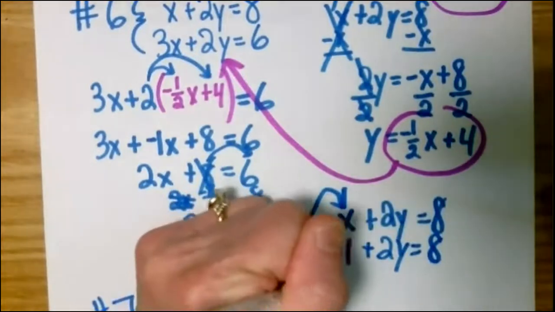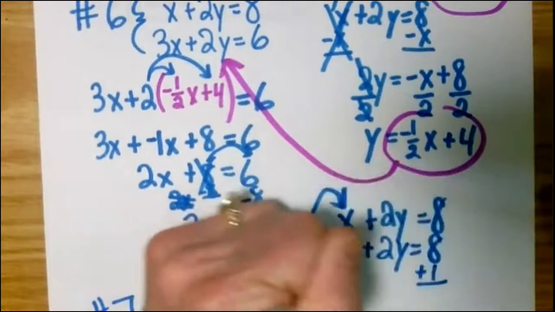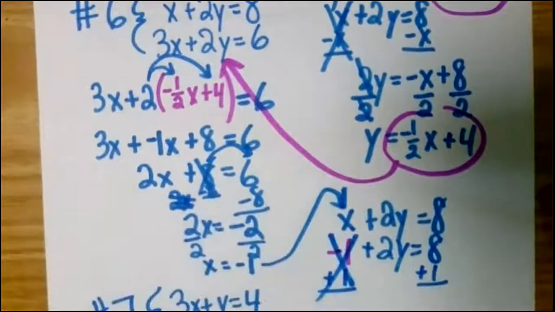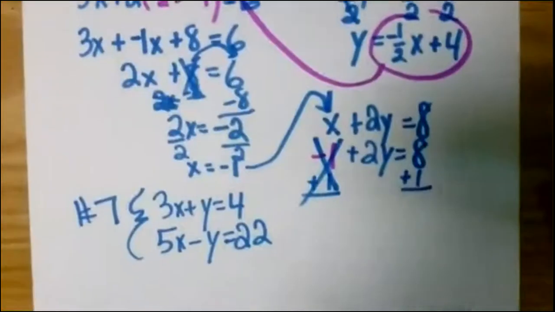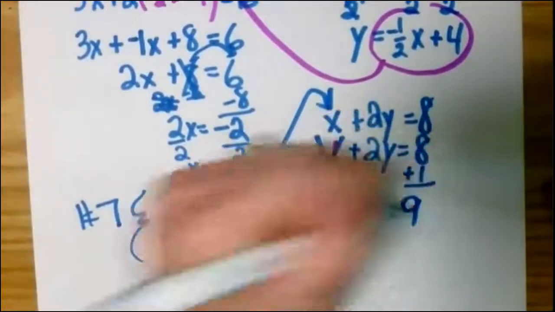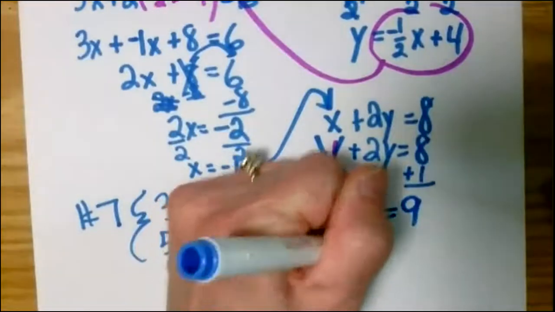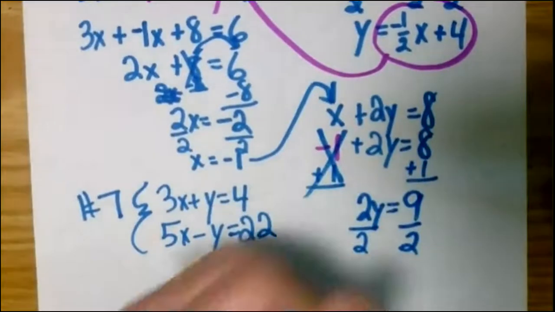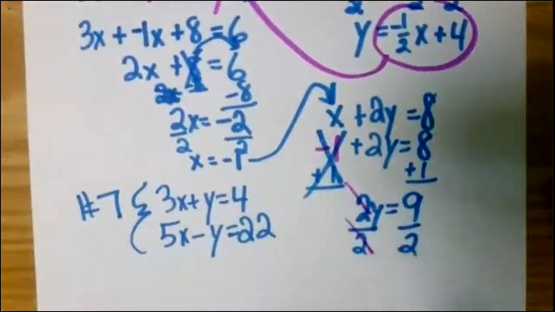I'm going to move my 1 to the other side by adding inverse operations. That crosses off. I'm left with 2y equals 9. Divide by 2. Those cross off. Y is equal to 9/2.